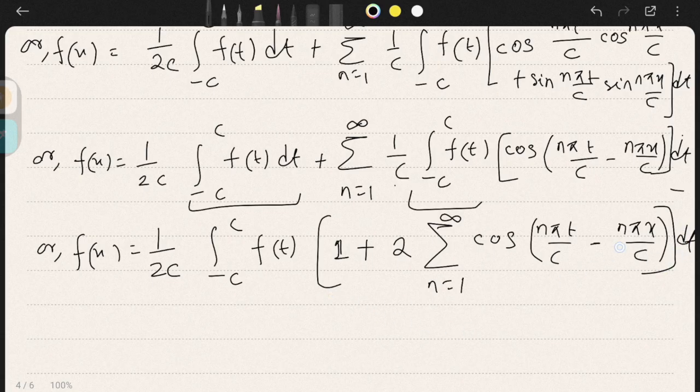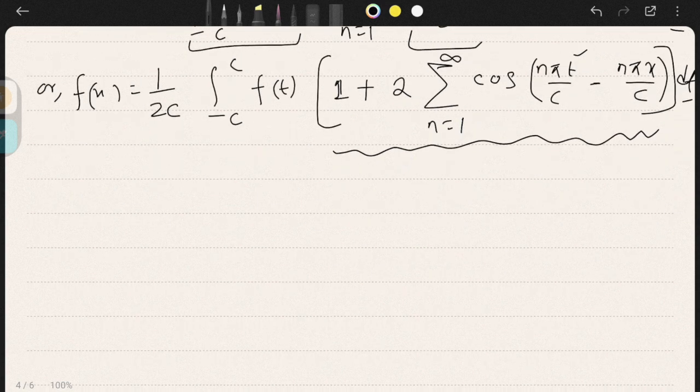This whole term is inside the integration, because the variable t is present, so the integration is also with respect to t, so you cannot take it out.